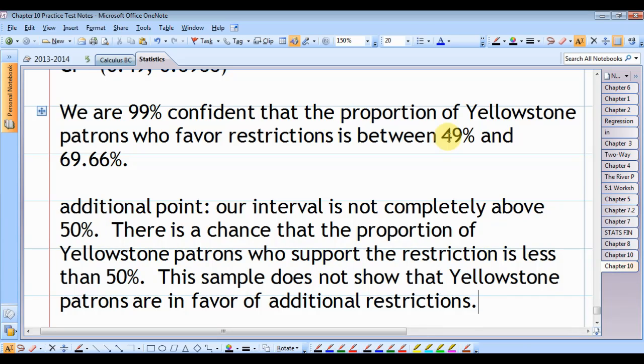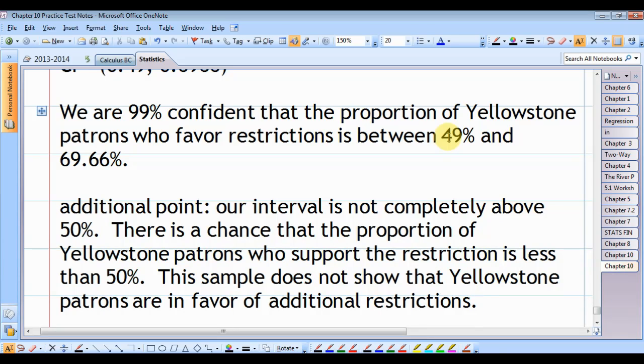If it's asked to be like 48%, would you still be able to say that it is possible? It's unlikely that the proportion that supported the restrictions is 48%. It's unlikely, but it's still possible.